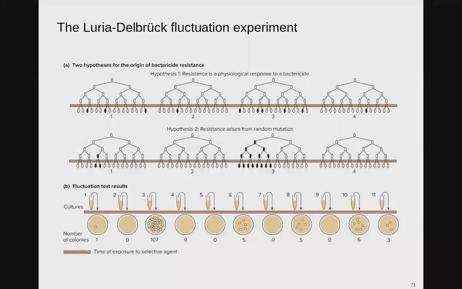Biochemical thing, maybe it just requires them to build up a chemical over time. You would expect to only see it in later progeny. Hypothesis 2 tells us resistance arises from point mutation. And we would expect to see that in a couple of different ways. But ultimately, we would likely see it occur in an ancestor, back here in the pedigree, and then being inherited by the descendants.